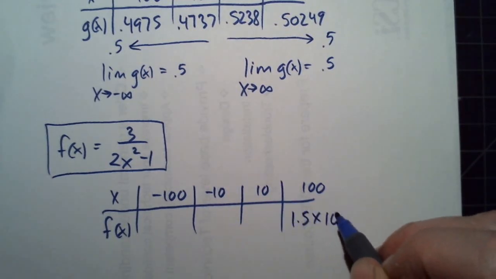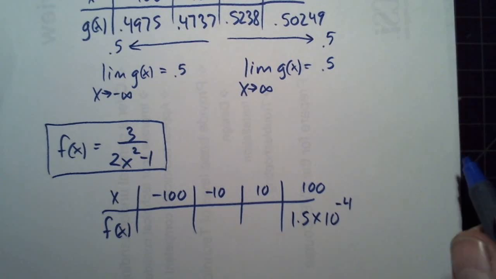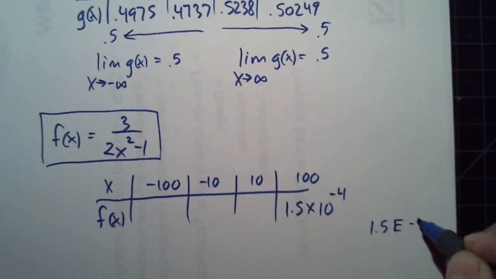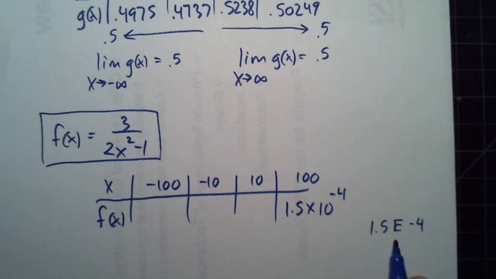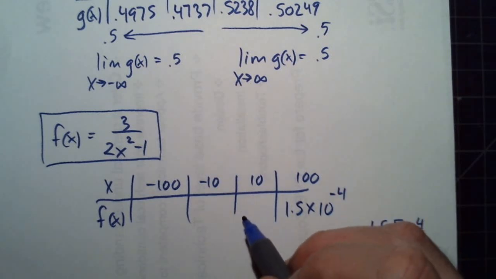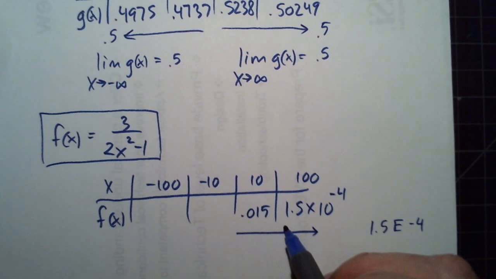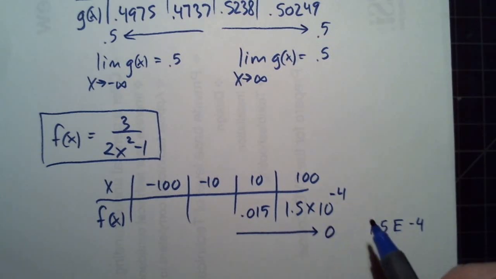1.5 times 10 to the negative fourth, and on your calculator it might say 1.5e-4. Sometimes they write it like that, and we know that this is a very small number. So we see 0.01, this will be 0.0001, and we know it's going to 0.